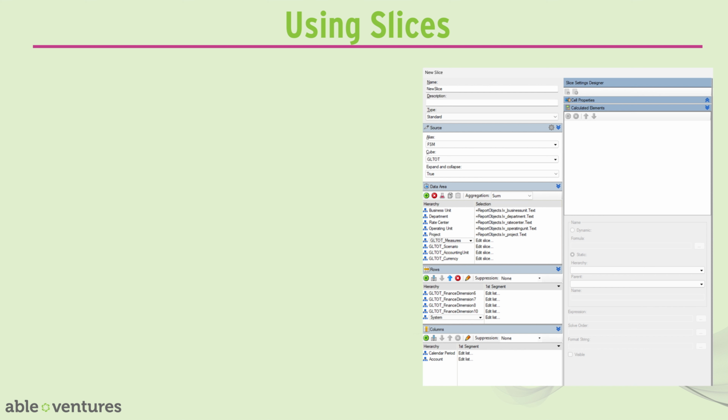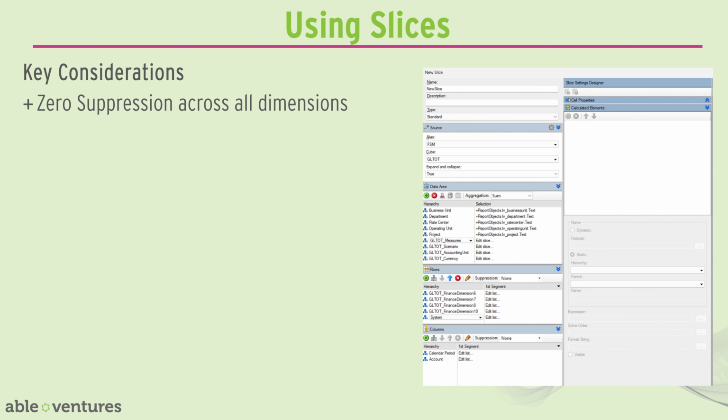The best part of all is the zero suppression. With hyperblocks, zero suppression is an absolute pain, and you have to copy the data areas, and you have to make sure you're in sync if you have multiple hyperblocks, and the references get all messed up. I won't do it unless it's my very last resort. So I love the zero suppression, being able to programmatically turn it on and off.